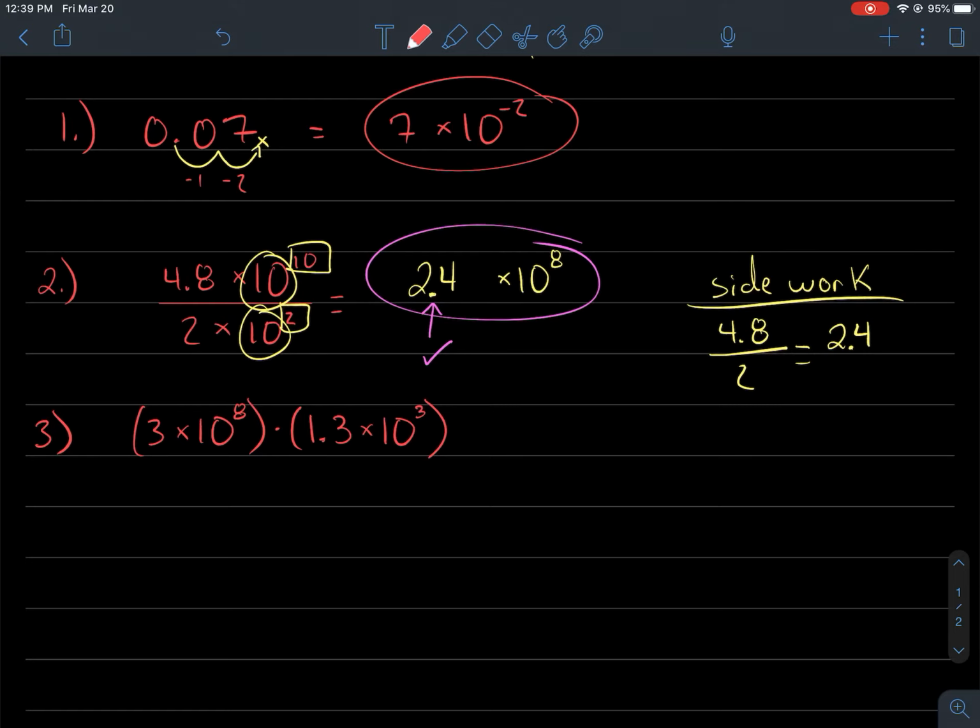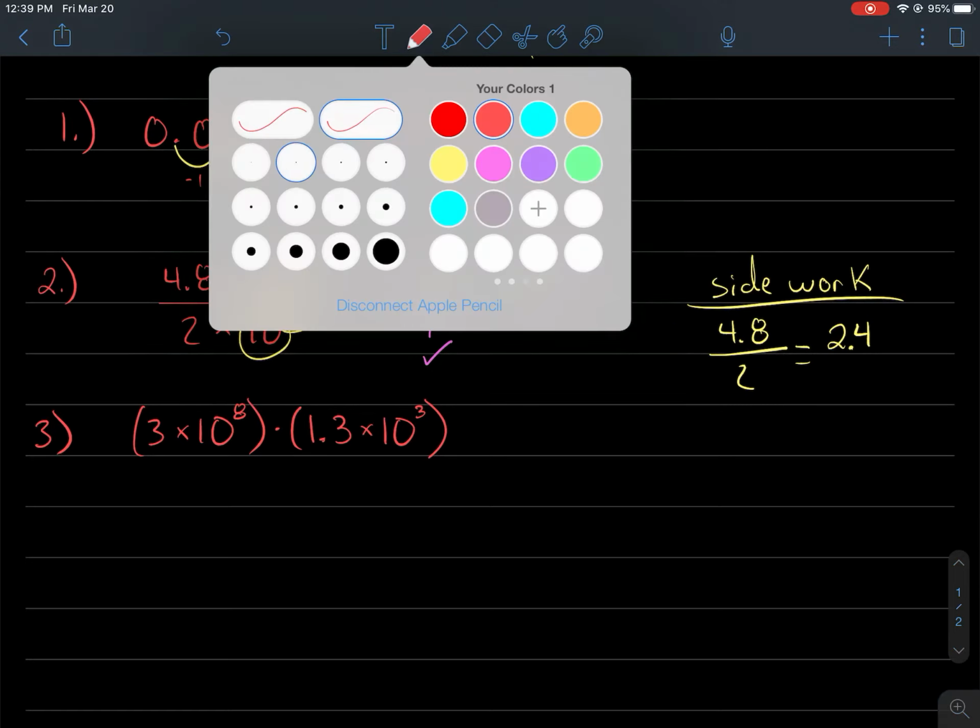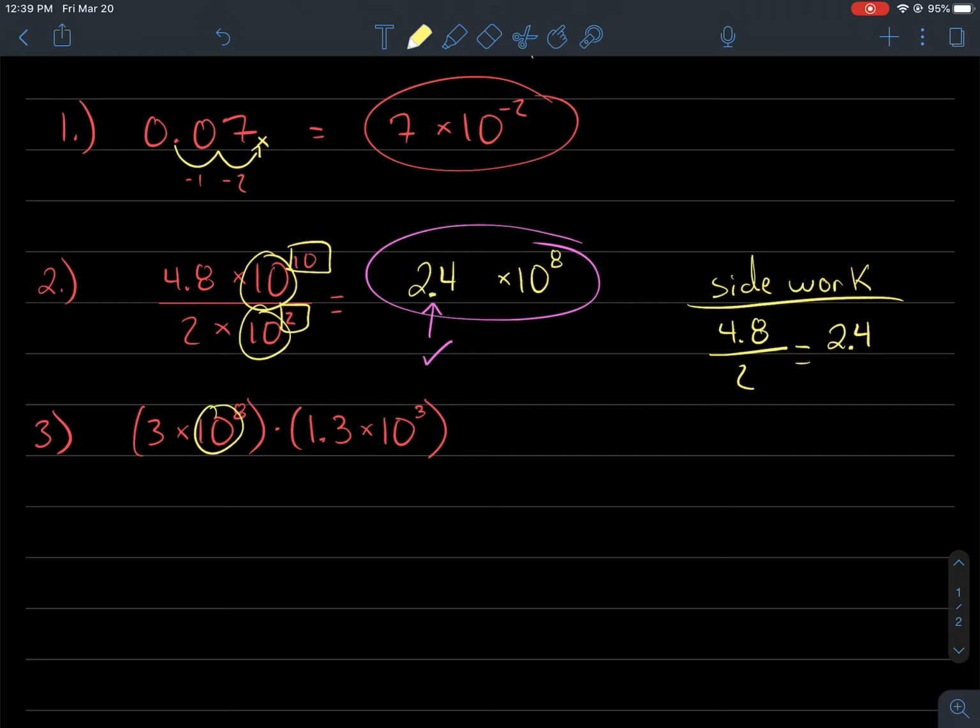This one isn't too terrible. If you remember from the laws of exponents, if you have the same base, you can take their exponents, and if it's multiplication, you can add their exponents. So my answer is going to have at least a times 10 to the power of 11, because 8 plus 3 is 11.